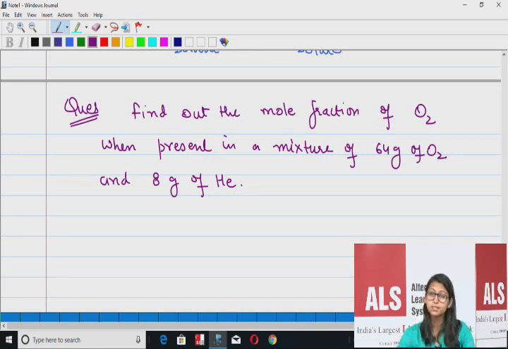You are getting it, Kohima Center, Tetsu College? What will be the answer? Who will tell me? I got the answer from Satna Center.